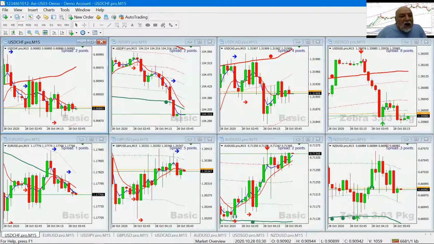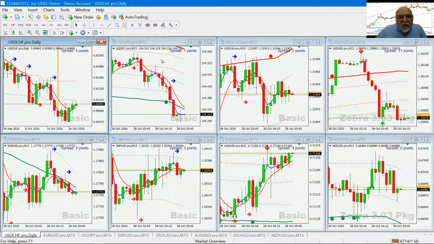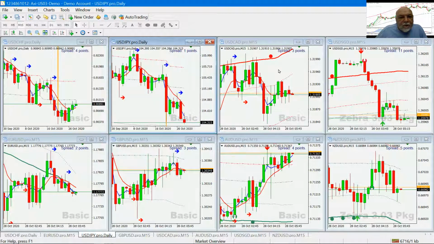So now I can look at the chart and I can see very quickly overall what's happening with the US dollar. So let's go ahead and switch these to daily real quick, if I can. All right, it's been sitting for a while. There we go. And daily. And daily.